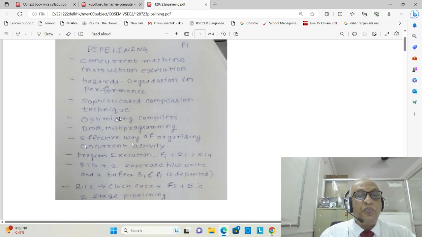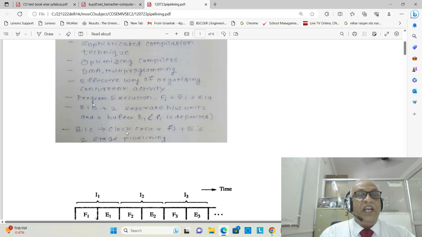With this, improved performance is the result. So any program execution involves what? It basically involves a fetch and an execute. What is a fetch? Whatever the program content, instructions and data are there, they need to be brought from the memory for execution. And execution is the actual execution.